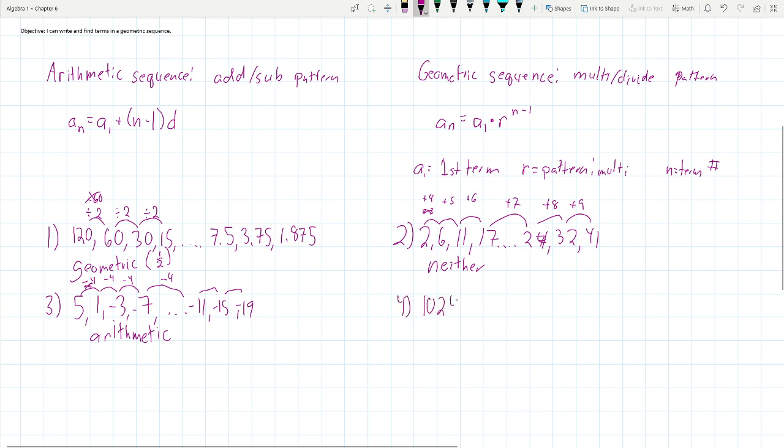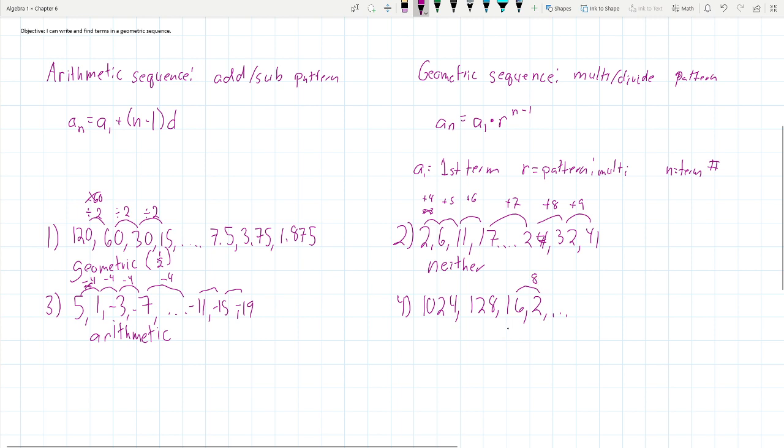All right, number 4. 1024, 128, 16, 2. With this, it can be difficult sometimes to figure out how to go from 1024 to 128. A lot of times I might work backwards. If I just don't inherently know how to go from there to there, how do I go from 2 to 16?